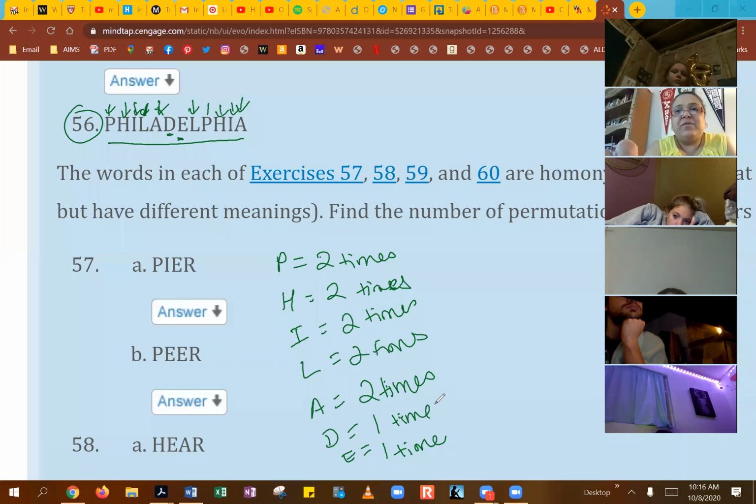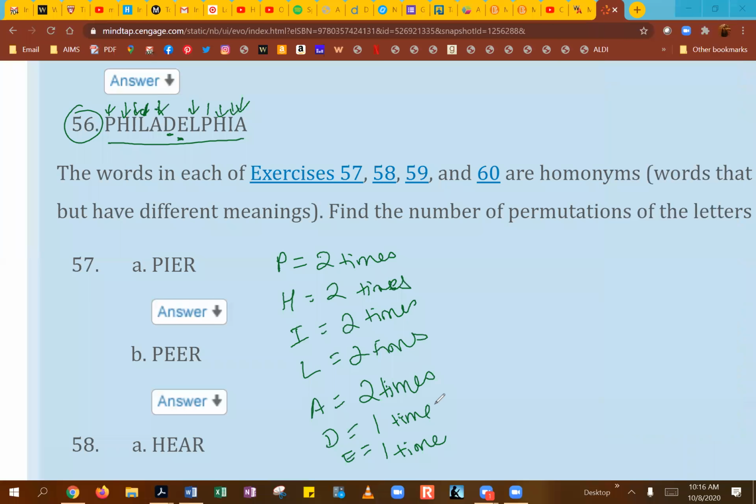Okay, so once you have those repetitions taken care of, then remember, if you add all of these together, what's that? 12 letters? Yeah, very nice. So that's a total of 12 letters. So that becomes our n value, so that would be n factorial. And then remember how they had the x, y, z factorial on the bottom, which, for us, will be a little bit bigger.